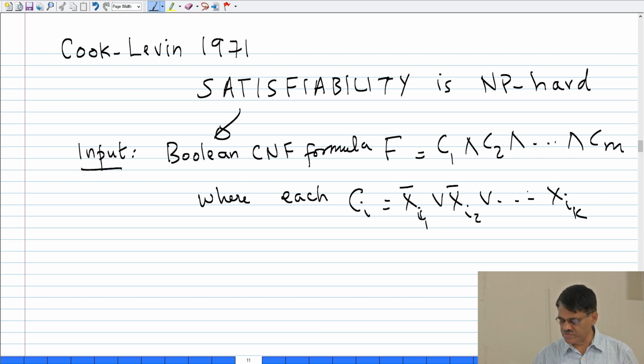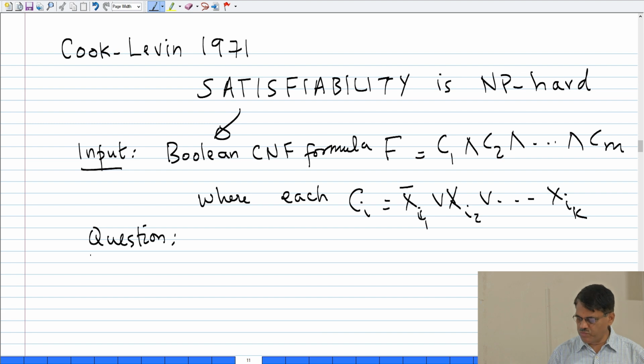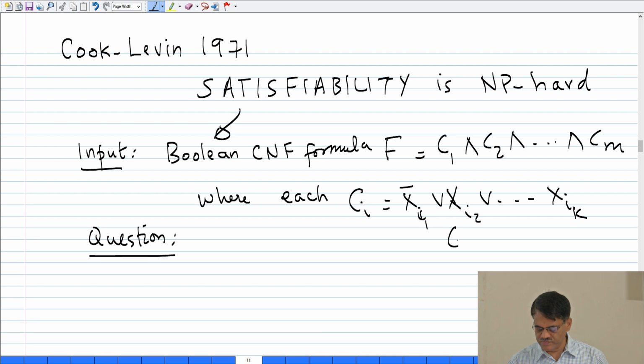This is just an example. It is a Boolean formula on m clauses and n variables.